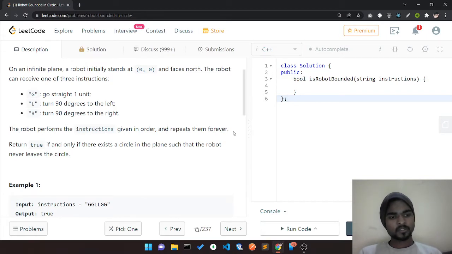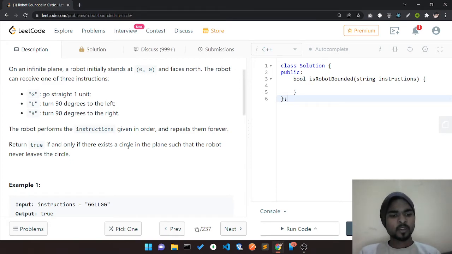If we are given the instruction GLGGG, it goes into an infinite loop, repeating the same thing again and again. And you have to return true if and only if there exists a circle in the plane such that the robot never leaves the circle.